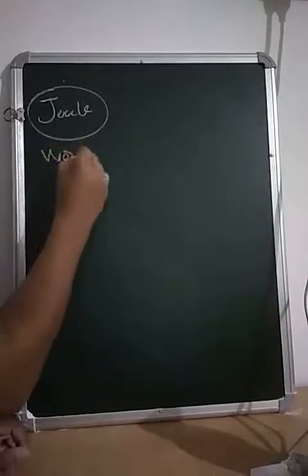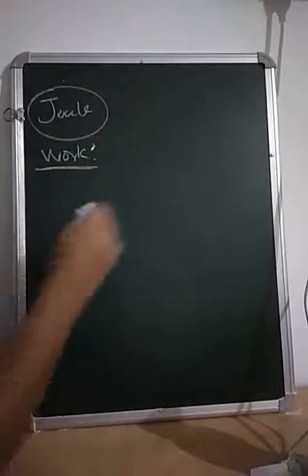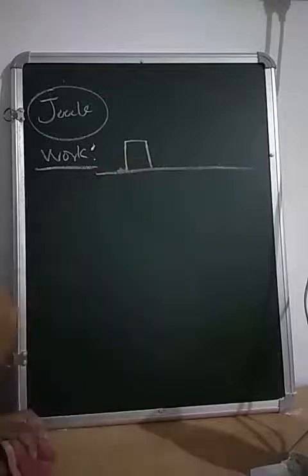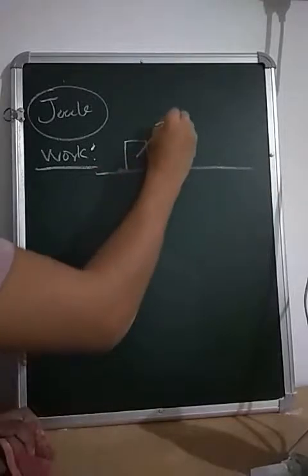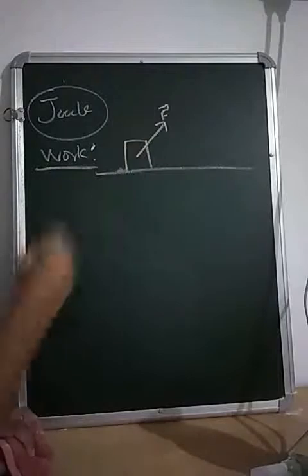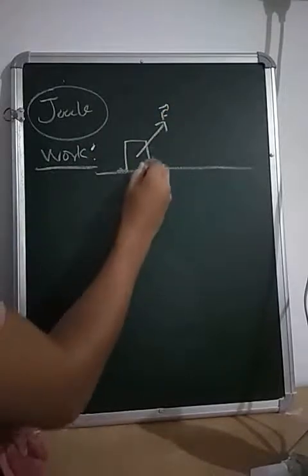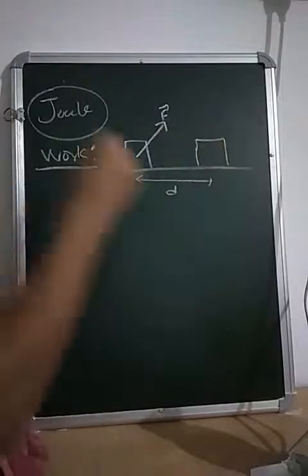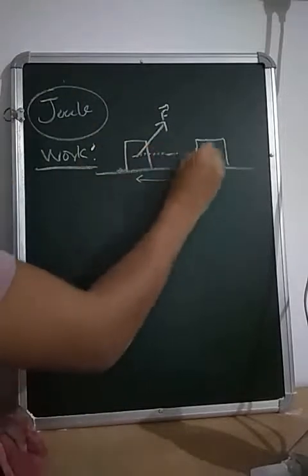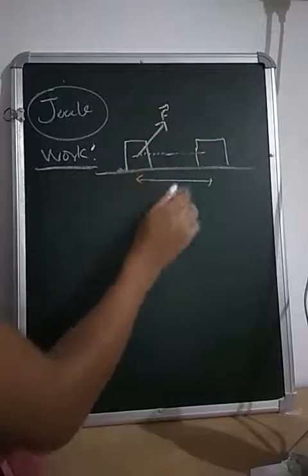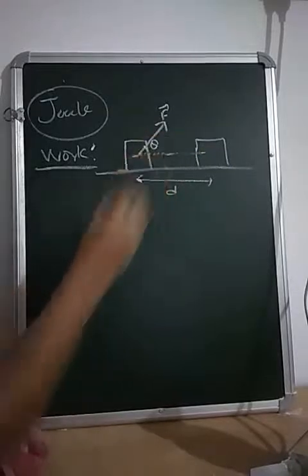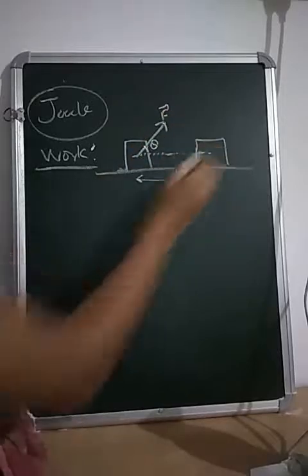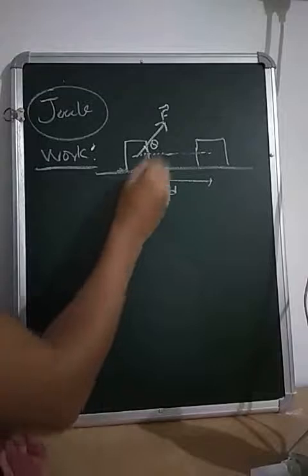Suppose I have an object, and a force is applied in a certain direction. Due to this force, the object displaces by a distance d. The force F is applied at an angle theta with the displacement.